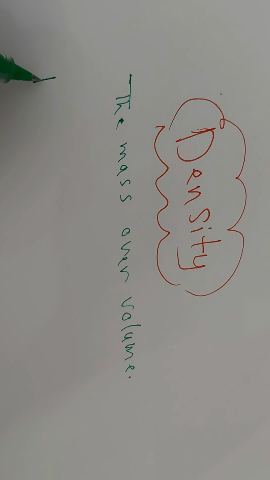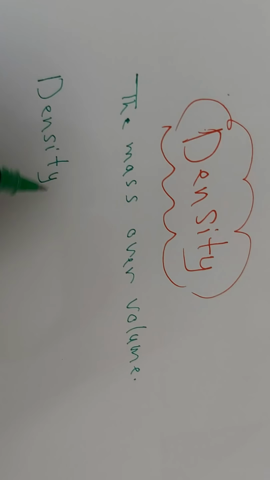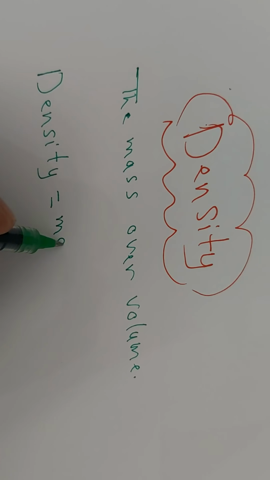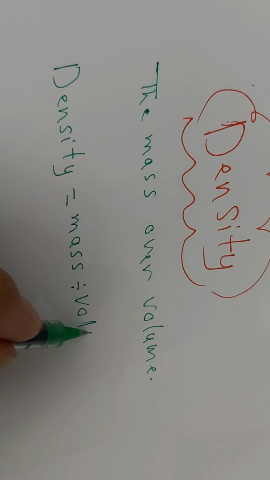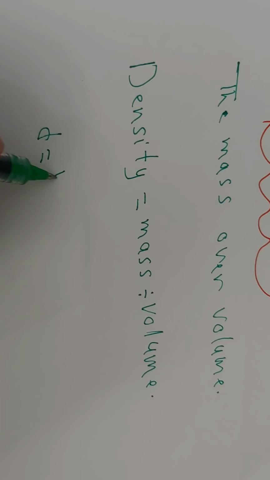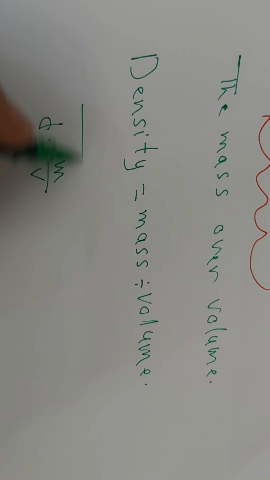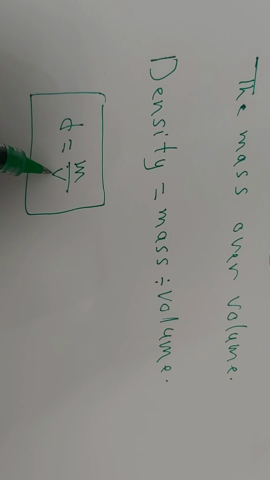So density equals mass divided by volume, or like this, D equals M over V. Density equals mass divided by volume.